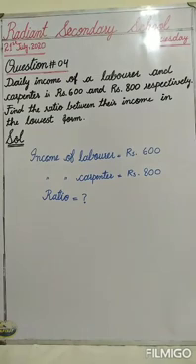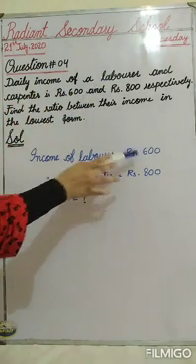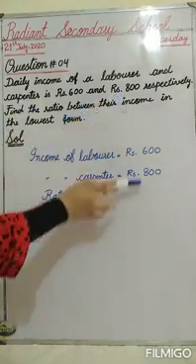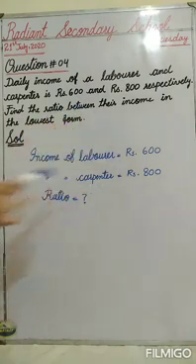Find the ratio between their income in the lowest form. First in the solution, we have to write the data that is given in the statement. It is given in the statement that income of a laborer is rupees 600 and income of a carpenter is rupees 800. And we have to find the ratio between their incomes and give the answer in the lowest form.